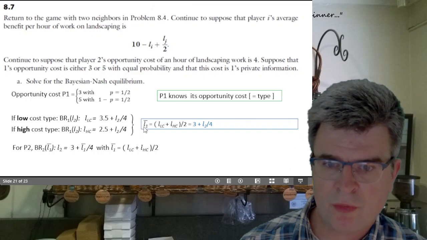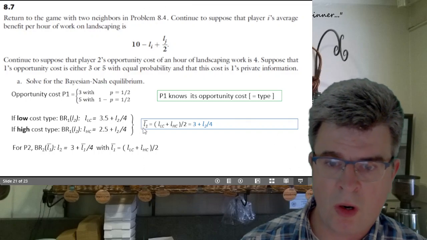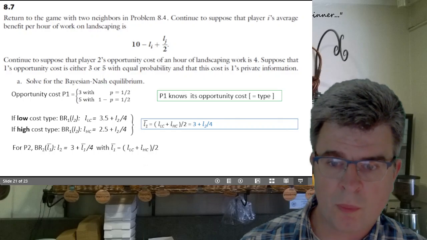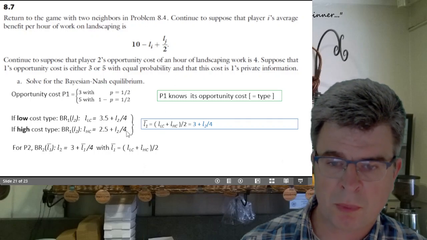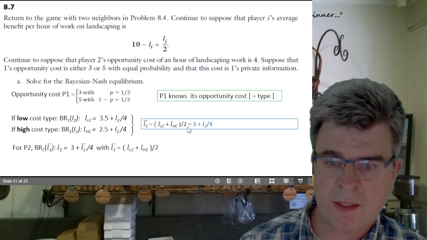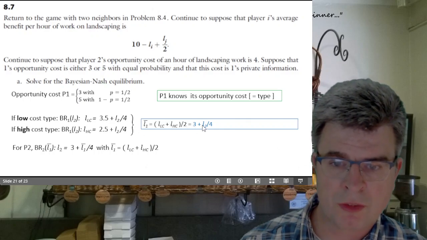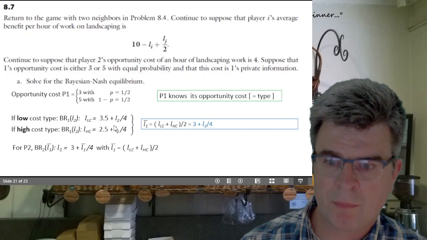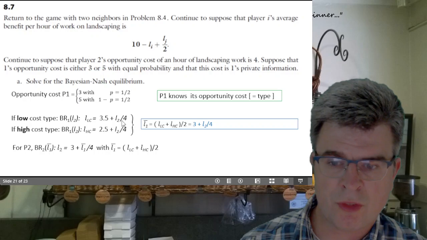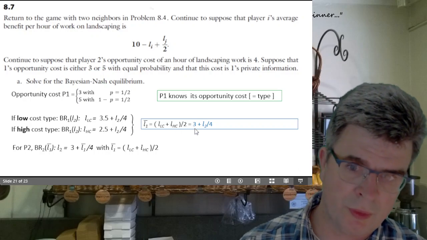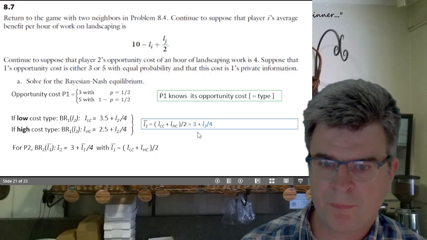So the average best response of neighbor 1 is the average of this best response and the average of this best response. So it's identical to 3 plus L2 over 4, because 3 is the average of 2.5 and 3.5, and the average of L2 over 4 and L2 over 4 is L2 over 4.